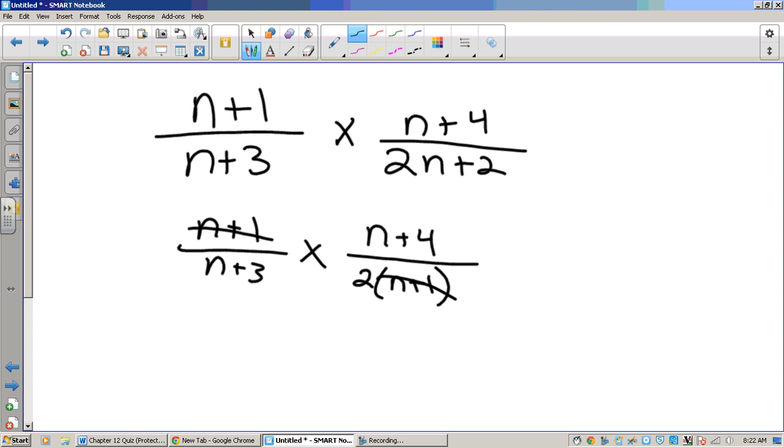Whereas here, let's pretend n is 5. 5 plus 1 over 5 plus 3 times 5 plus 4 over 2 times 5 plus 2.